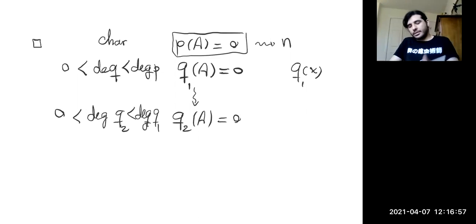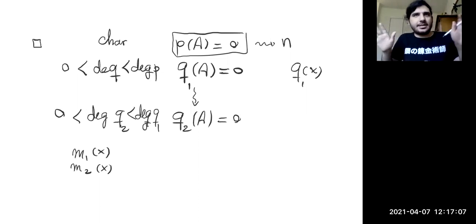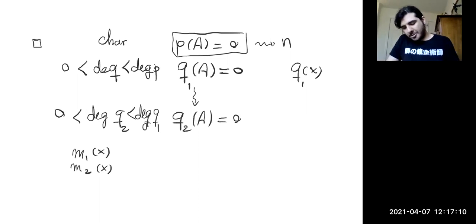Why is it unique? Well, suppose we have two minimal polynomials, m1(x) and m2(x). Look at m1.